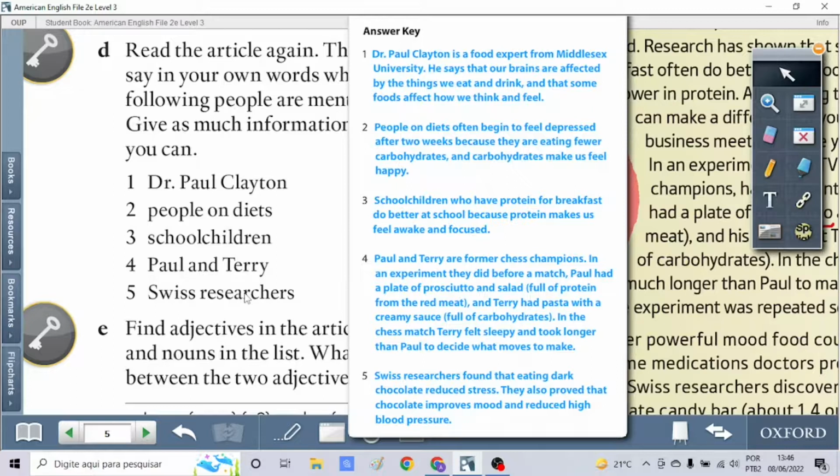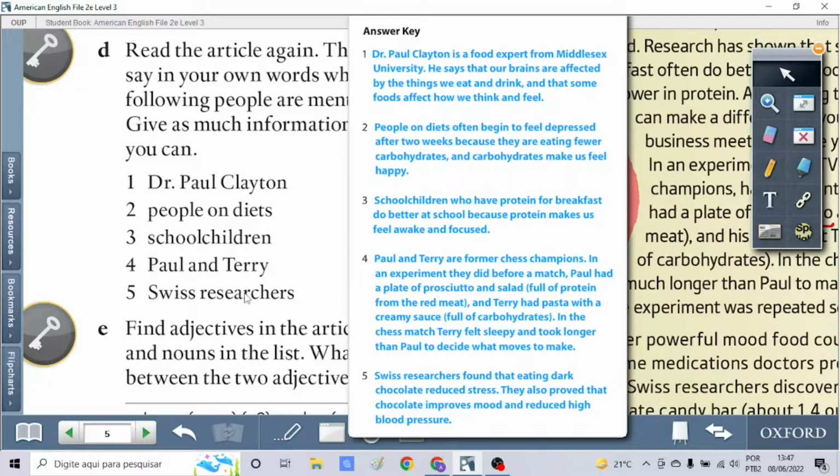People on diets often begin to feel depressed after 2 weeks because they are eating fewer carbohydrates, and carbohydrates make us feel happy. 3. School children. School children who have protein for breakfast do better at school because protein makes us feel awake and focused.